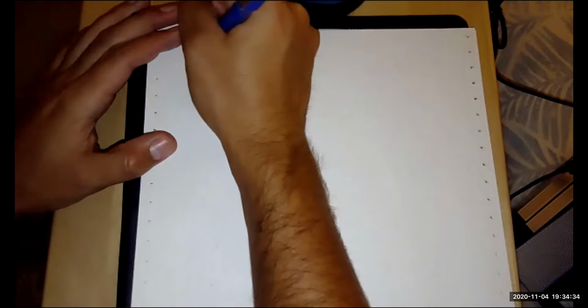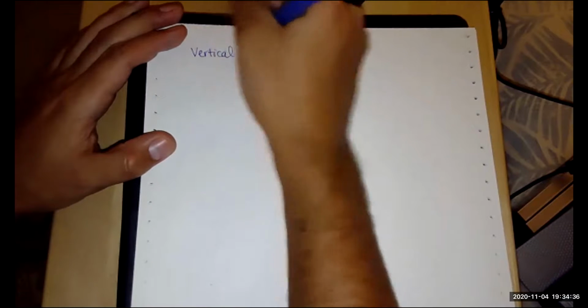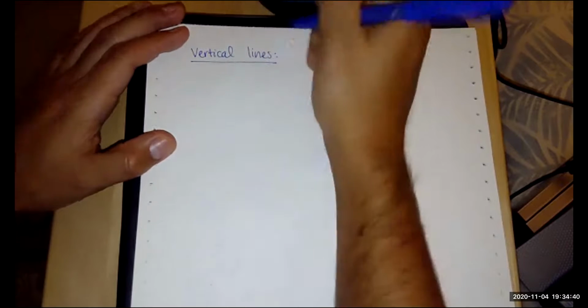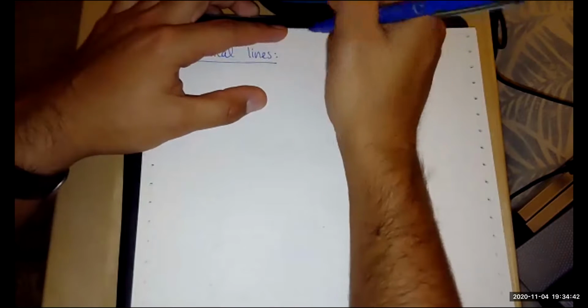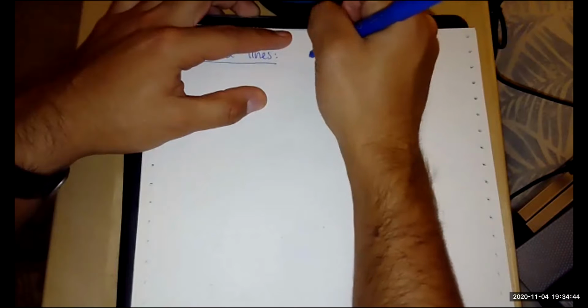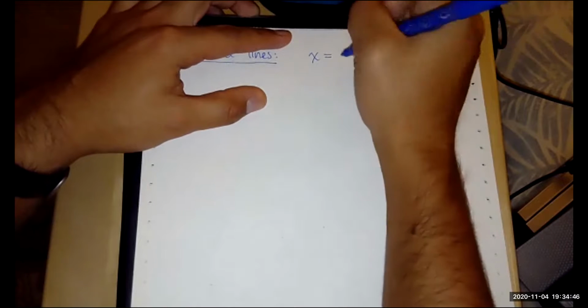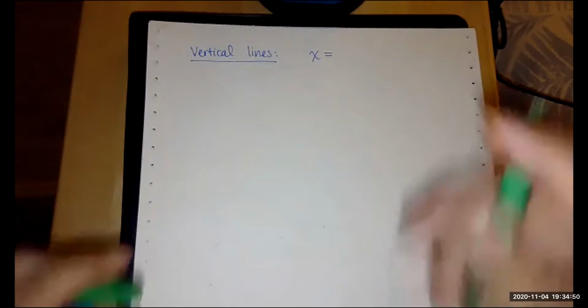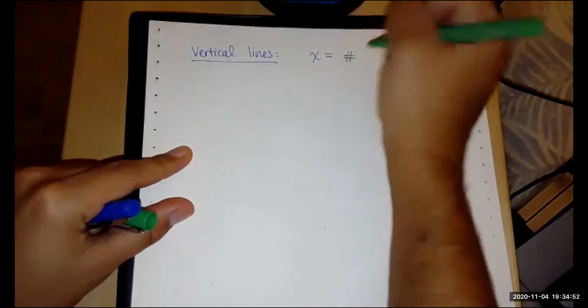So vertical lines have the formula x is equal to some number.